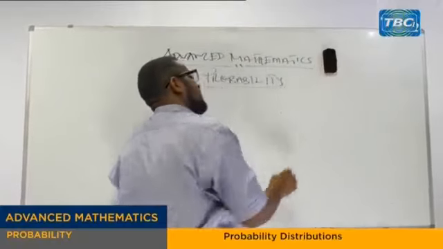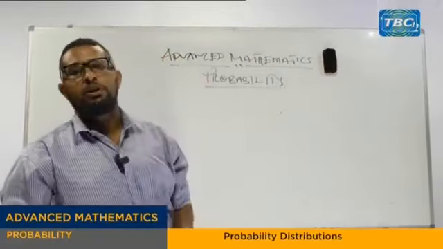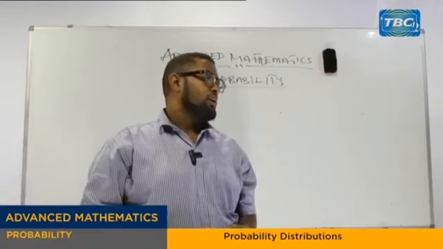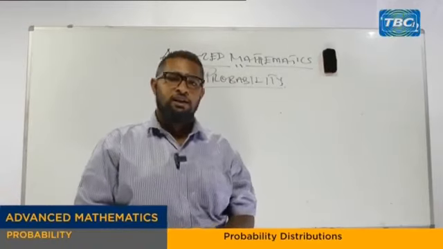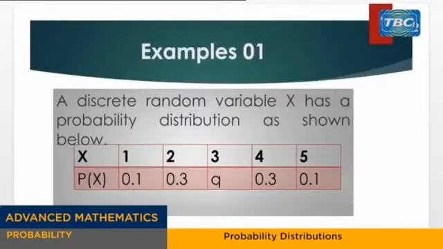It's time now to employ all the formulas that you have seen in the beginning of the lesson, one after another. As you see on the screen, a discrete random variable x has the probability distribution shown below.